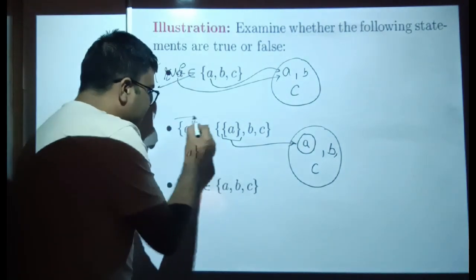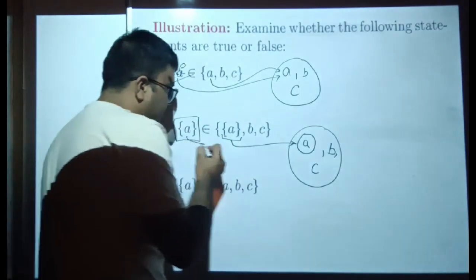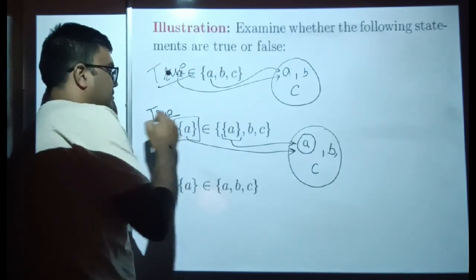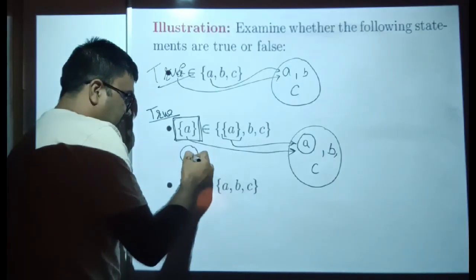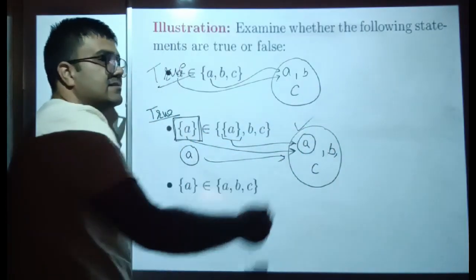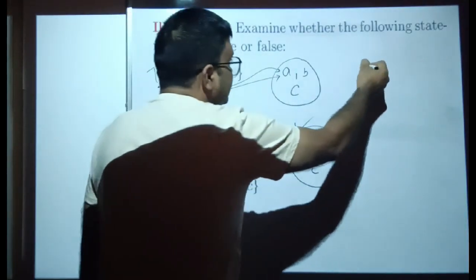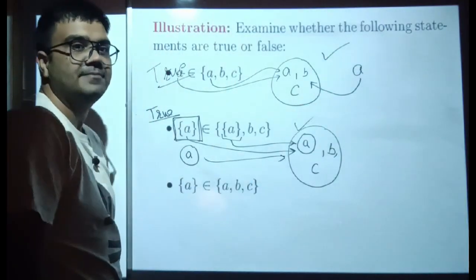So does the set {a} belong to this set? Yes. This element is present over here. So we are saying that this statement is true. This is an element of the set. Does this thing belong to this set? Yes, this thing is present in this set.